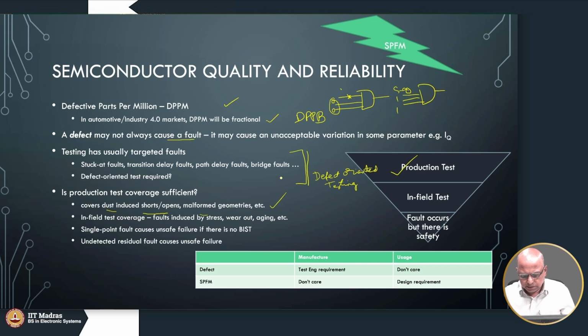When I say stress, I mean thermal stress, electrical stress, vibrations. So those we have to continuously test using in-field testing. And even if that fault were to occur, can we still protect by using safety mechanisms?